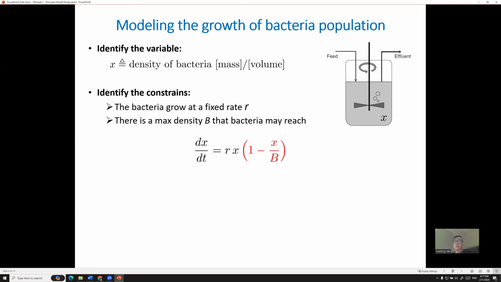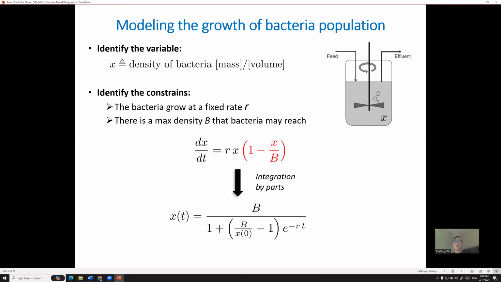When x equals b, dx/dt equals 0, which means the density of the bacteria will stay at that level, saturated or locked at that level. So by solving this equation with this additional term, we get x(t) as a modified exponentially growing function that saturates or locks at the maximum density b.